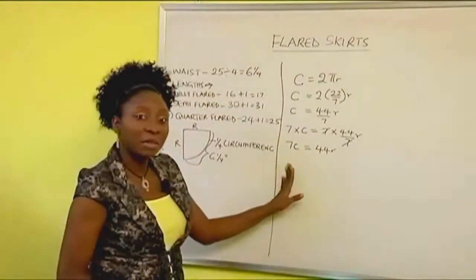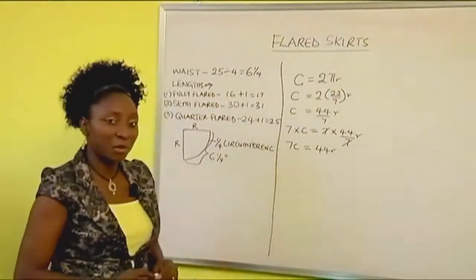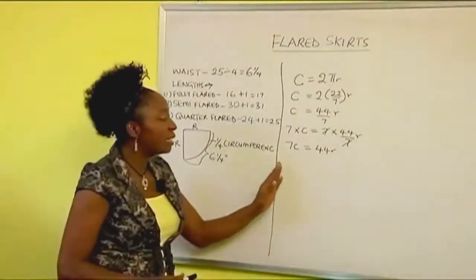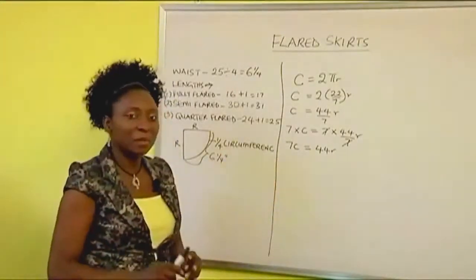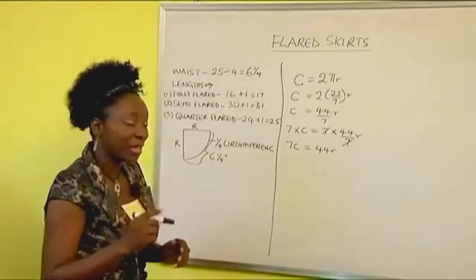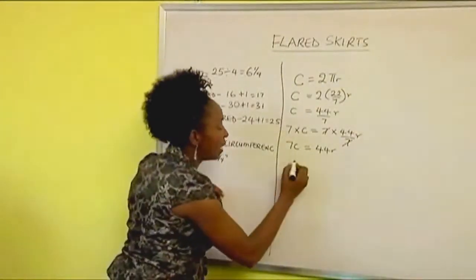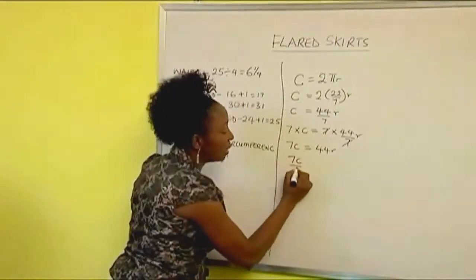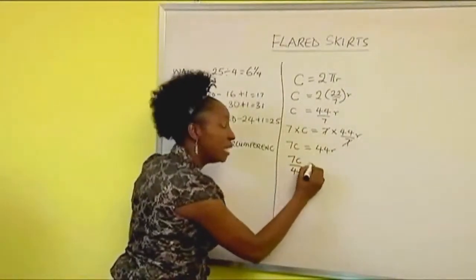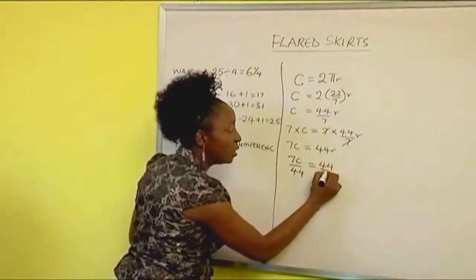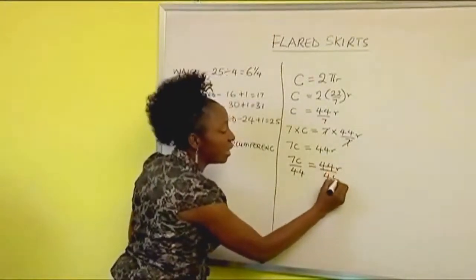So you can see that we're very close to making r the subject of the formula. So I want to take this and divide both sides by 44. Very clever. That's why mathematics is very good for life. So 7C divided by 44 would give me 44r/44. You can see that.